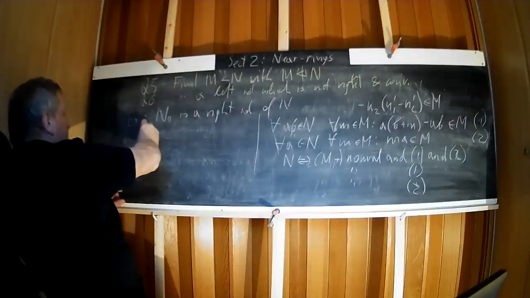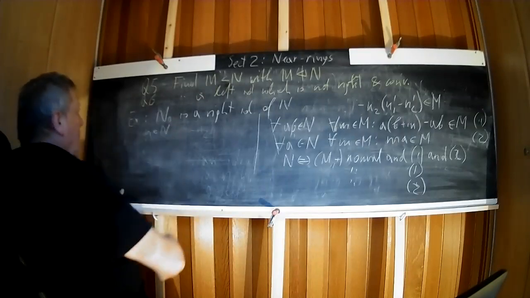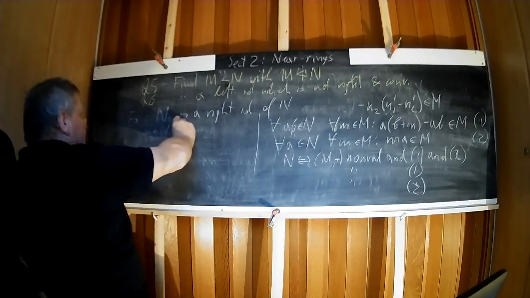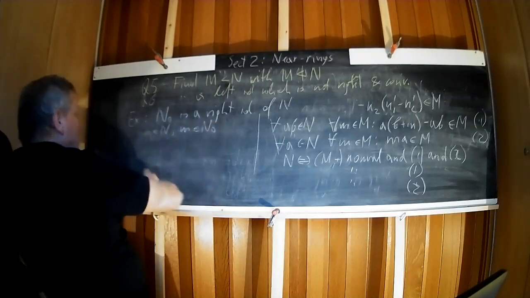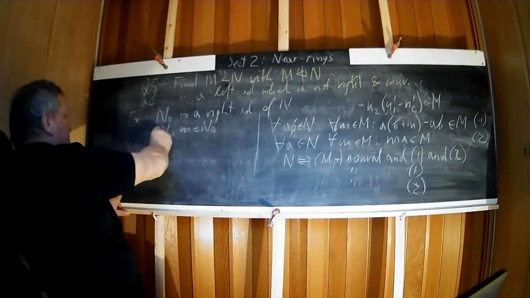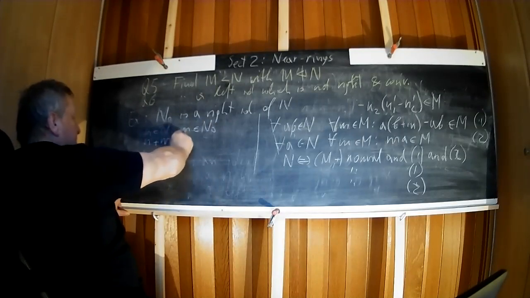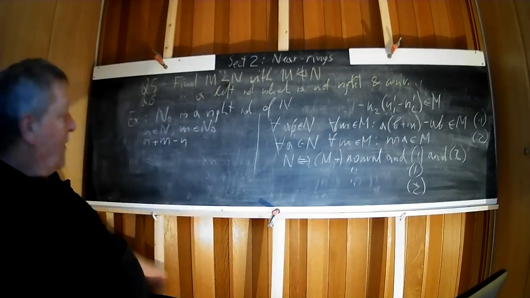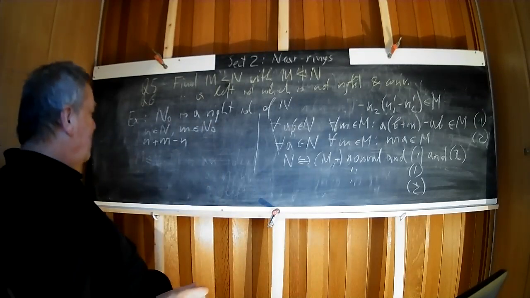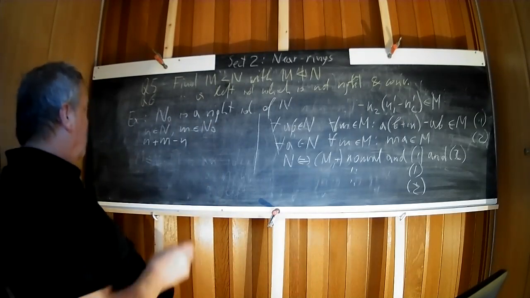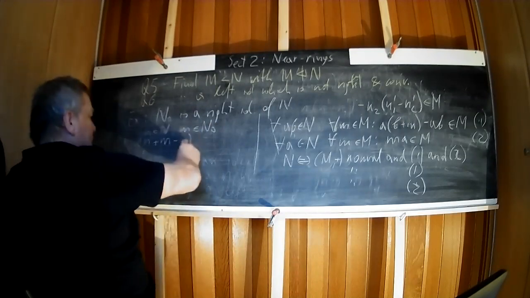Let's take n to be in N, and let's take m to be in N sub naught. What about n plus m minus n? It should be again in N sub naught. So what we have to do, we simply have to apply 0 to it.